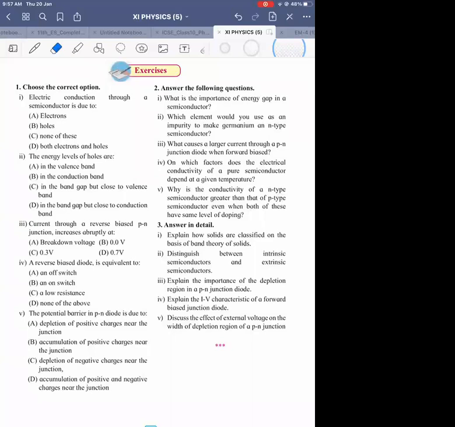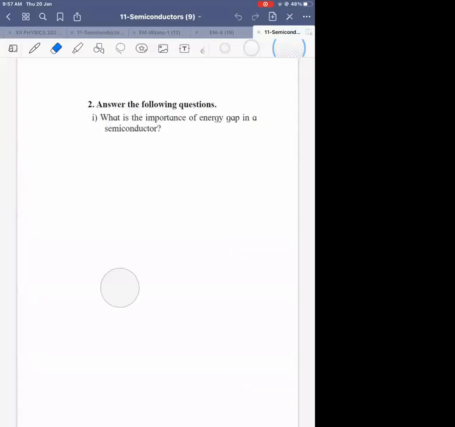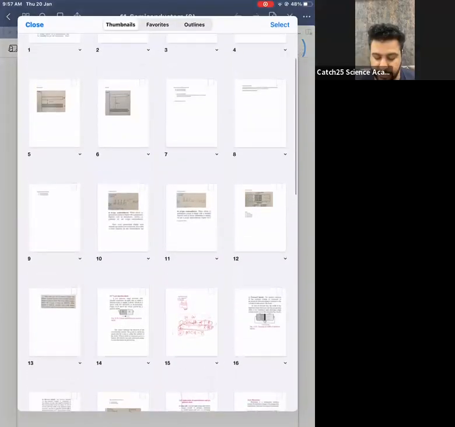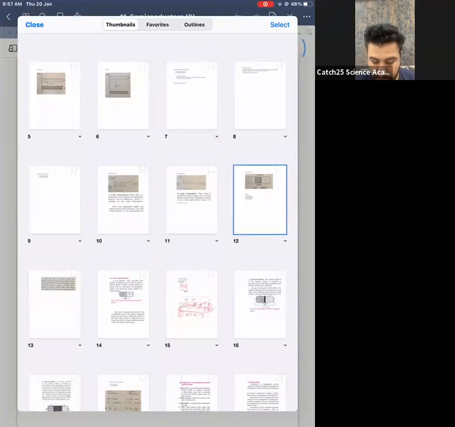Sir, show PN junction diode diagram. PN junction diode diagram is here. This one.